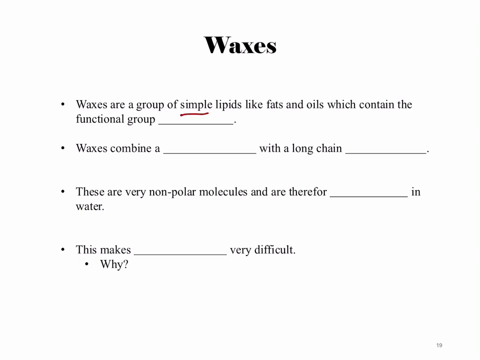Right, so this is also a simple lipid, except this is going to have the ester functional group to hold together. Instead of a glycerol molecule and three fatty acids, we can combine a long chain alcohol with a fatty acid. So we have something like this.